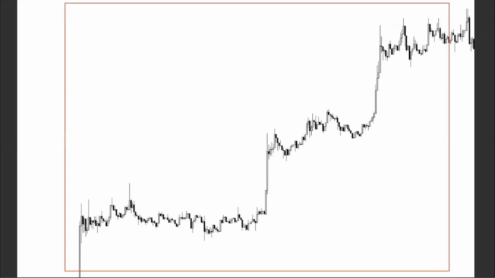What matters is whether or not you get a setup or set of entries with a stop loss and take profit that fits your criteria or parameters for a trade, and parameters which if you stick to, you'll profit from over the long run. So if those things don't set up for you, then it doesn't matter how big the size of the move is. I'm not interested in it.